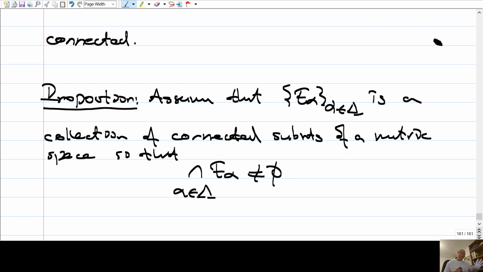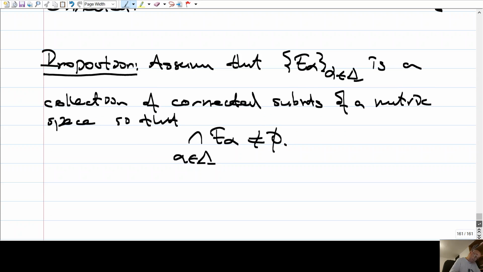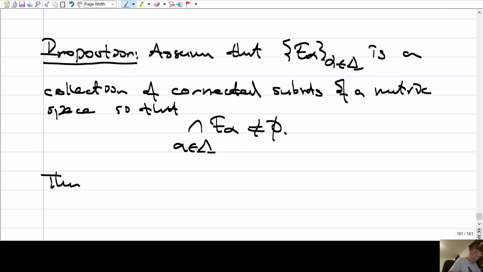So I have a bunch of connected subsets and they have a common point. Then their union is connected.